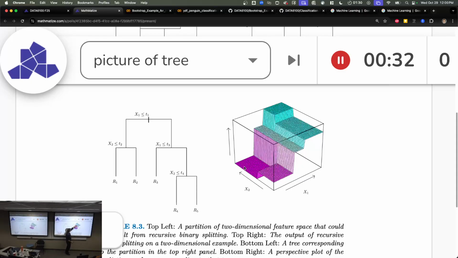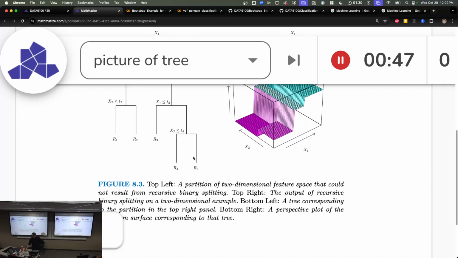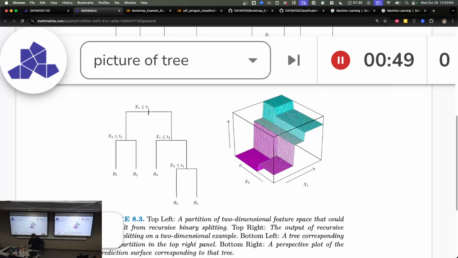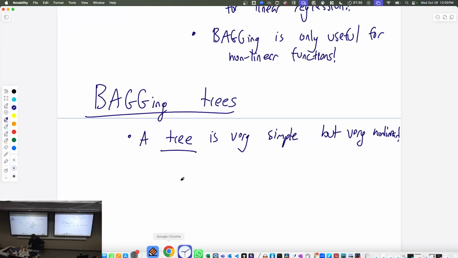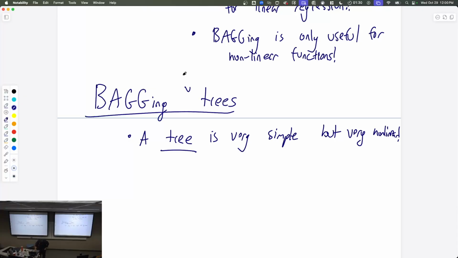And then we assign a different y value to each of them. So the final function we get is very nonlinear and has these stepped surfaces. So it's almost like flat on different regions, whereas a linear function is like a big plane. This is a picture from the textbook. So this is what a final tree looks like. I will say these are binary trees, so maybe I'll write that down as well. These are binary trees.